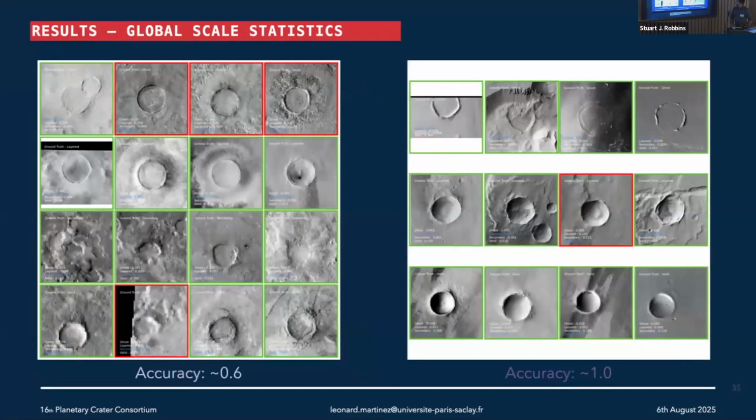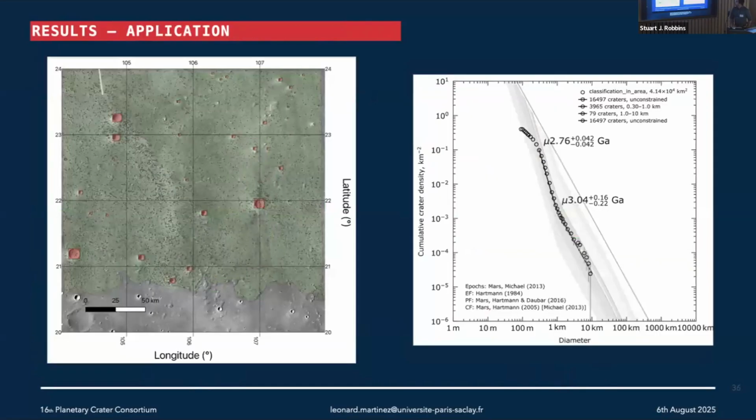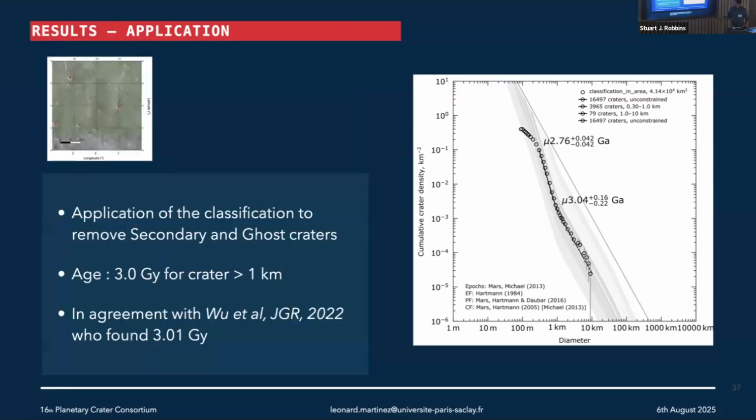Here are the results, and as a little application for this algorithm, we made a dating on a given place on Mars, and we removed the secondary craters and the ghost craters from the counting of the detection, and we calculated an age with craterstats, and we found an age which is in agreement with what we can find in the literature. So we are really happy with that.